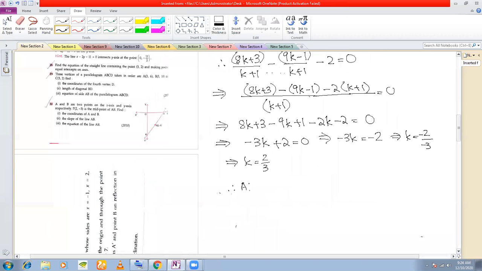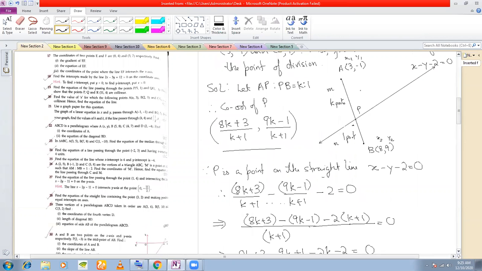AP is to PB is equal to 2/3 is to 1, which is equal to 2 by 3, which is the same as 2 is to 3. We have got the ratio of AP is to PB as 2 is to 3. This was the first part of the question, that is, calculate the ratio in which this divides. So two parts are here and 3 parts are here of the line.